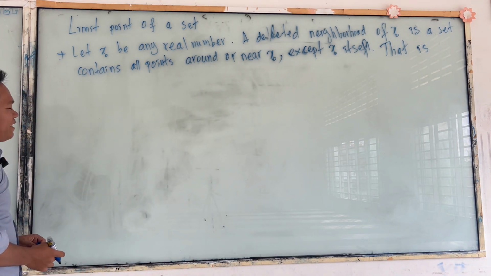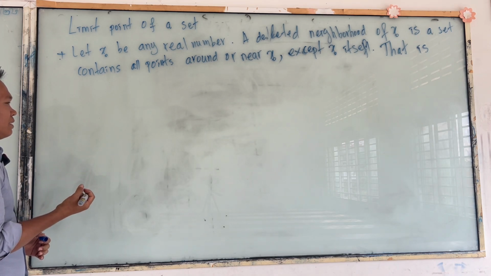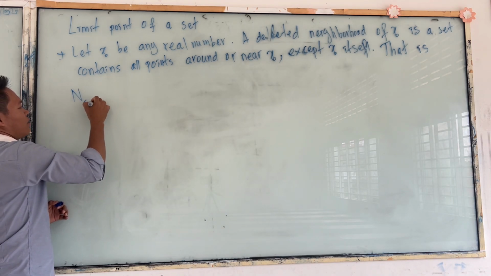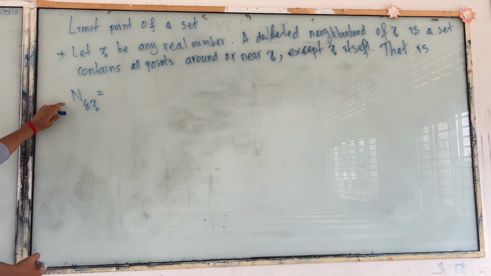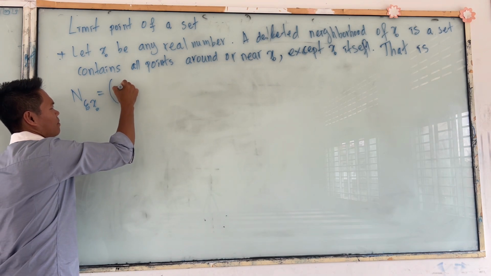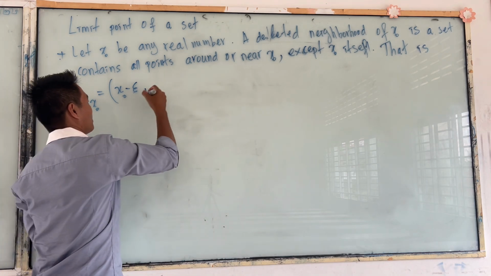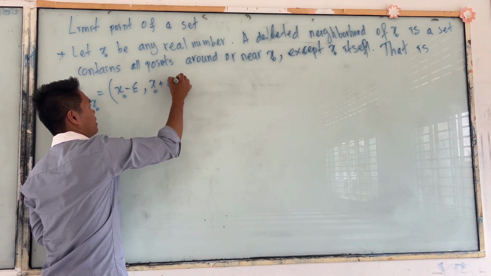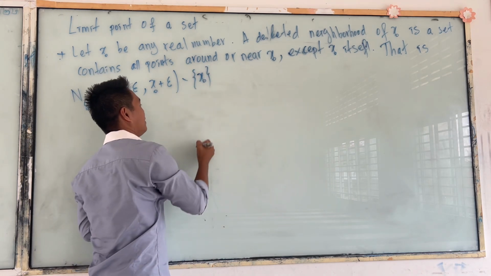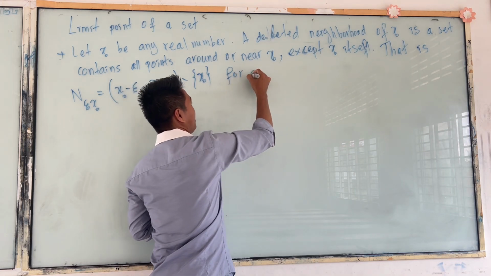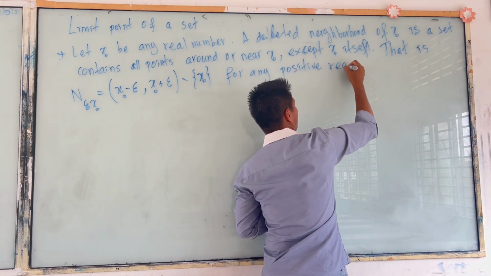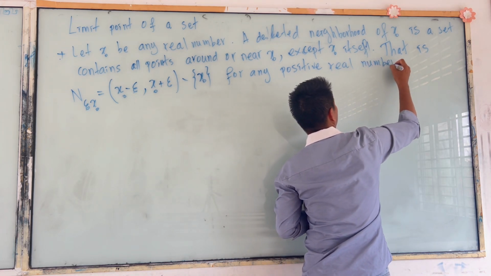If we talk in real number, we are just talking about intervals, right? I can say N epsilon x0, let me call it this, meaning the deleted neighborhood of x0, equals the interval x0 minus epsilon, x0 plus epsilon, minus the singleton set x0, for any positive real number epsilon.